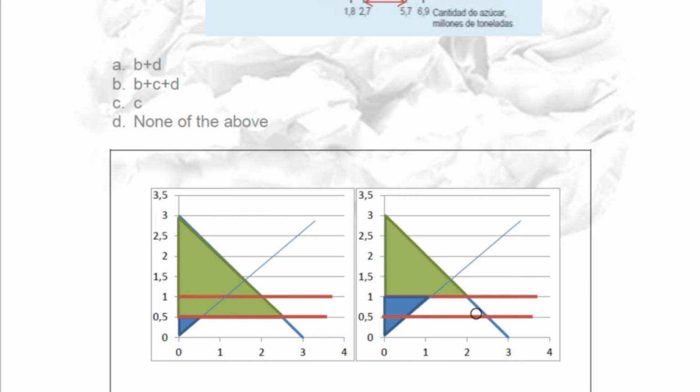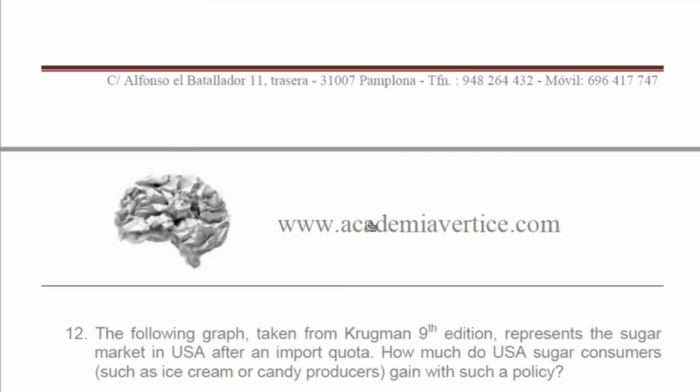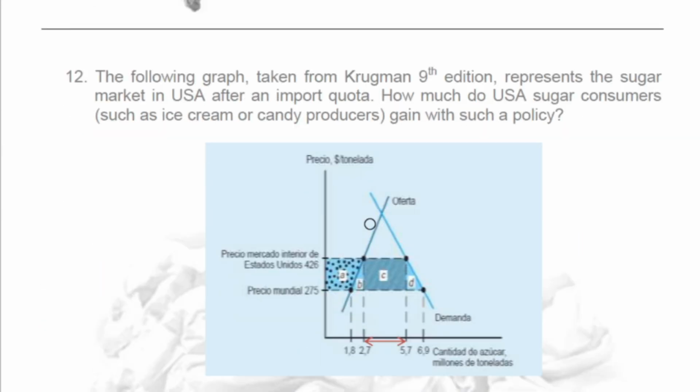The deadweight loss is this area here in our graph, B plus C plus D. So B is the correct answer. Perfect.